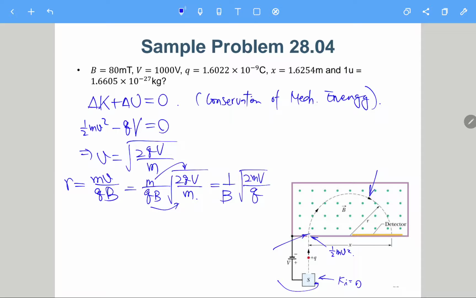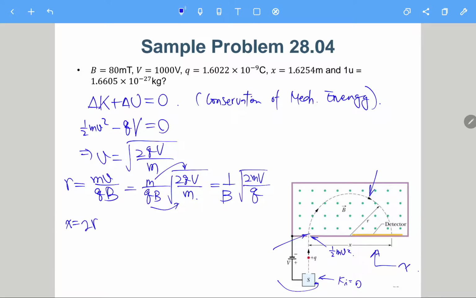And actually we want to find m. What we know is x, so x equals 2r, because x is the diameter and r is the radius.